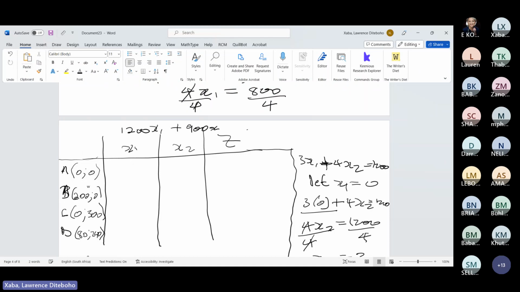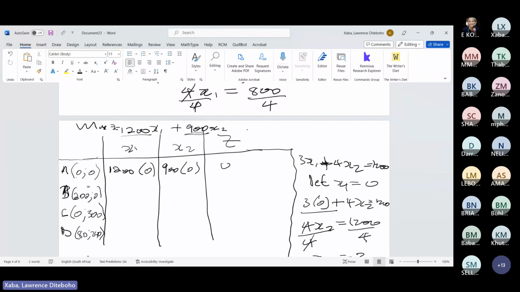These are our Cij's. So at point A, we have 1,200 times 0, where this 0 is from here, then 900 times 0. We are using the coordinate points that we have.